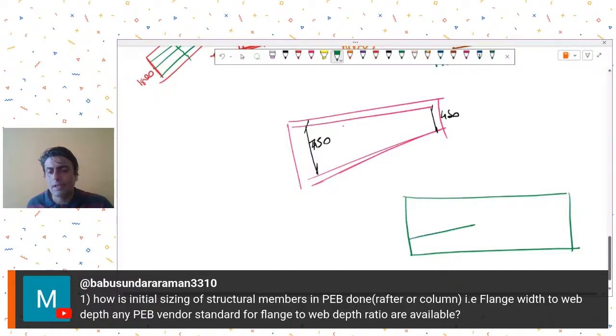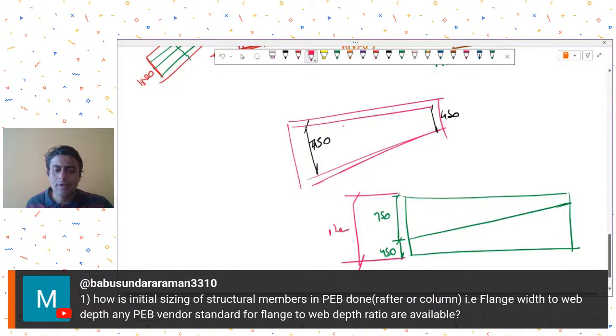If I were to taper like this, and if this was 450, this was 750, then what is the width I'm getting? 1200. So what I'm trying to tell you is that from a 1200 wide plate, I can easily create two tapers with zero wastage. Using such principles, the PEB suppliers generally determine what sort of tapering may lead to minimized wastages. Are you with me so far? What I'm trying to say?